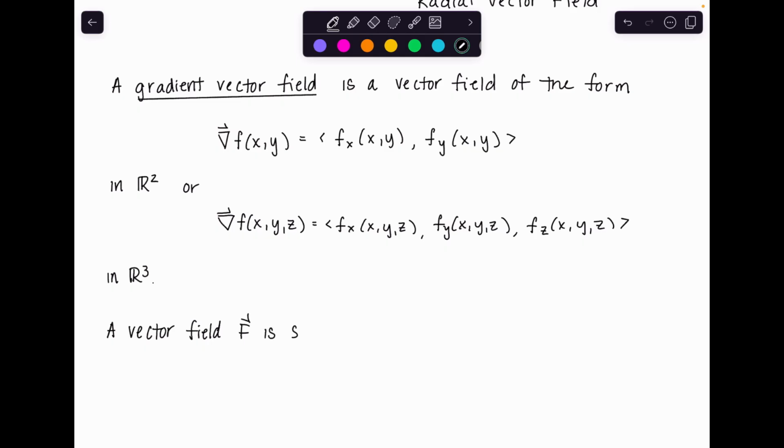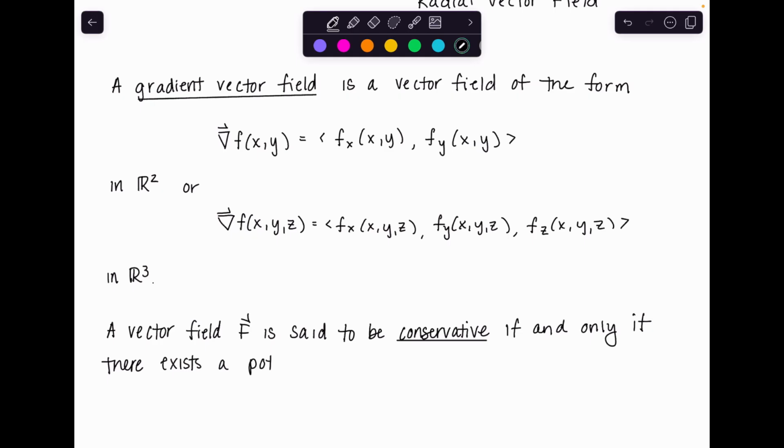is said to be conservative if and only if there exists what's called a potential function, which is little f, such that when you take the gradient of f, it's exactly the vector field.